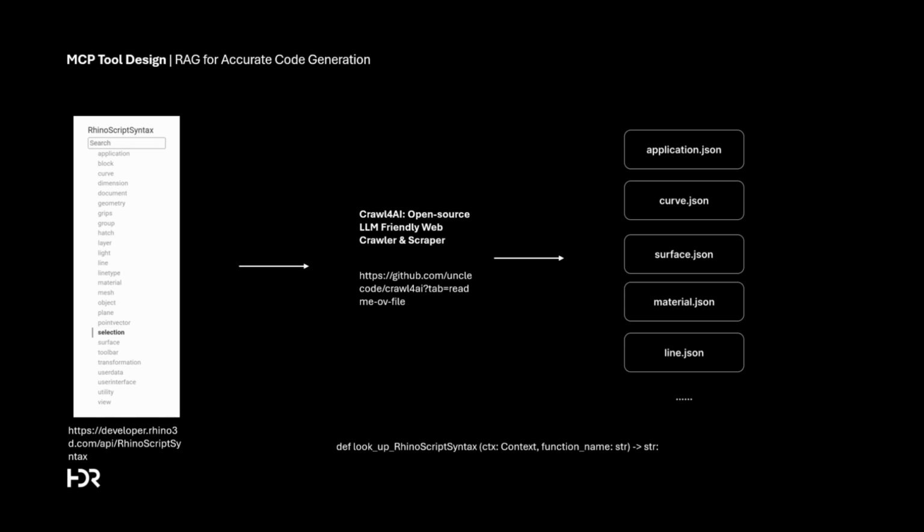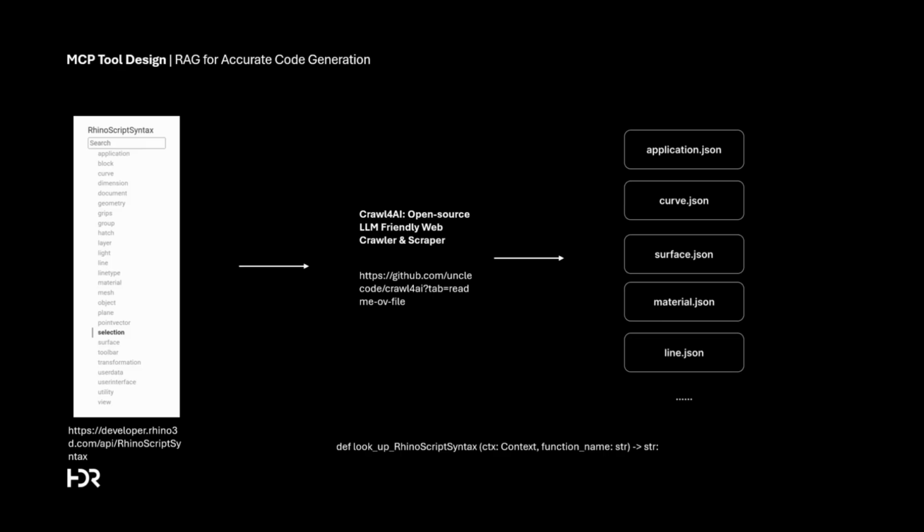But in our practice of developing and using this tool, we found an important challenge: this tool produces a lot of errors, because the Rhino syntax is not very popular on the internet, which means the agent doesn't have much prior knowledge about it.